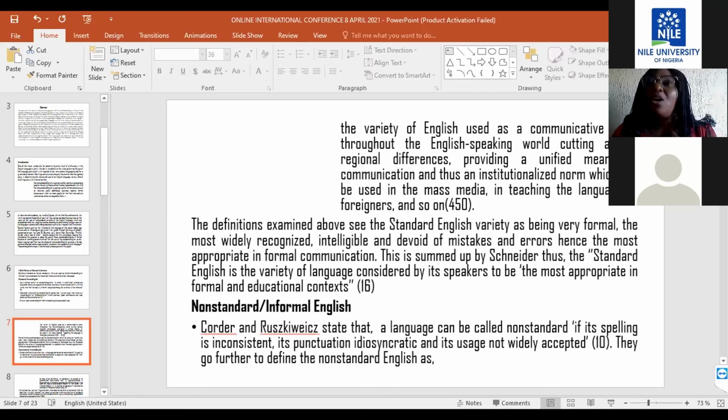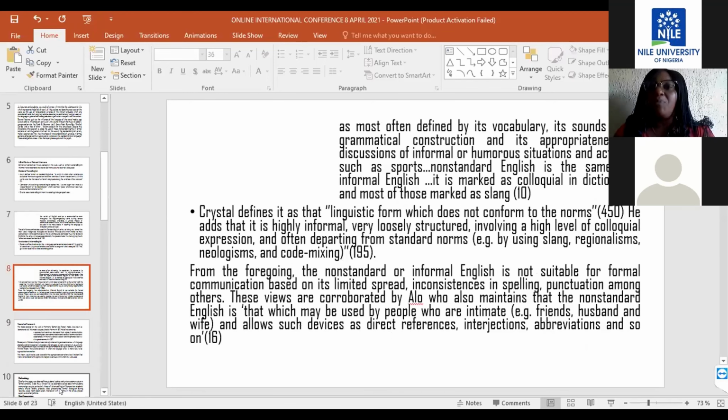Now, because of all this, and the fact that even in terms of spellings, the spellings are not consistent, the non-standard English isn't the most appropriate. In fact, without mincing words, it isn't the right choice when one wants to communicate in a formal context.